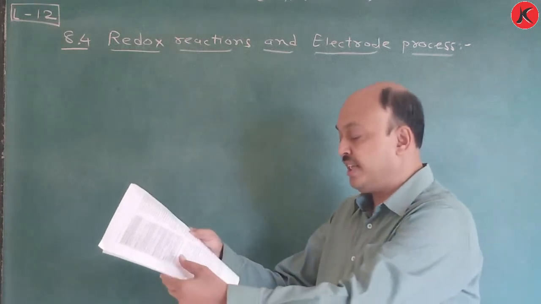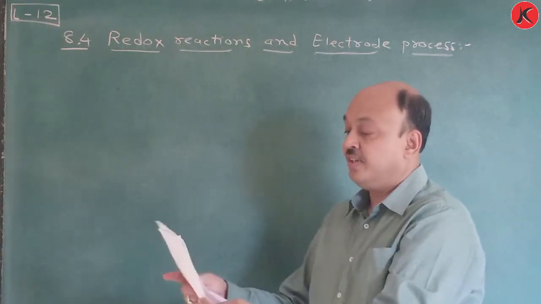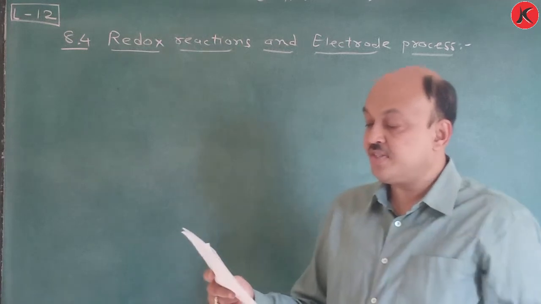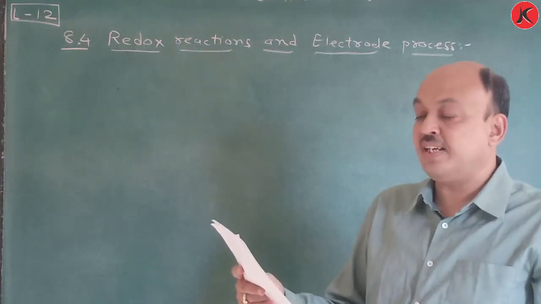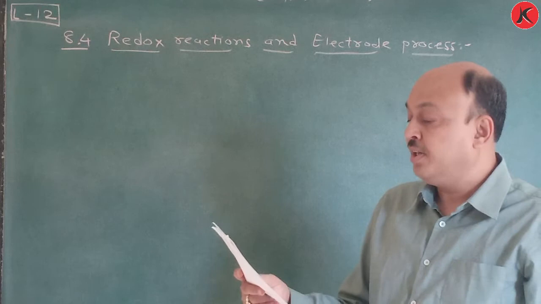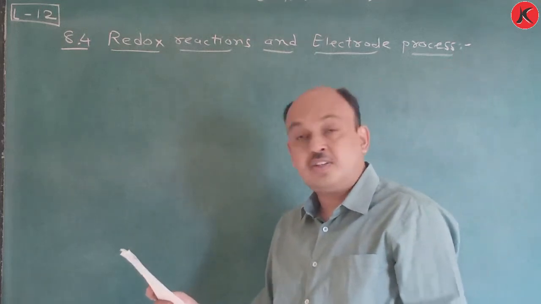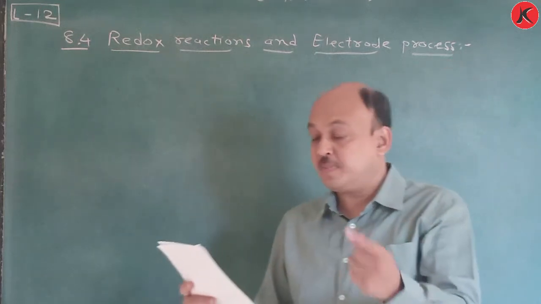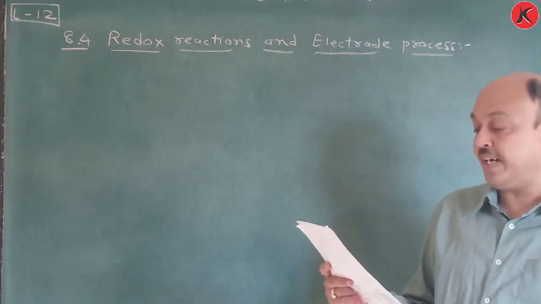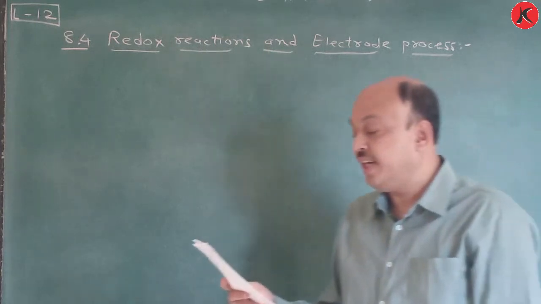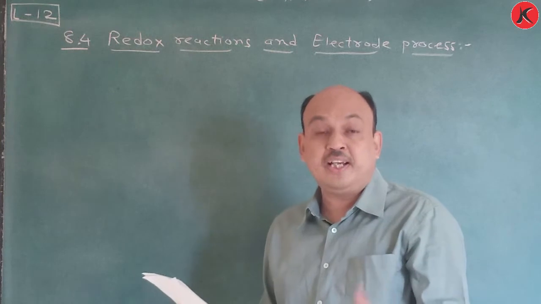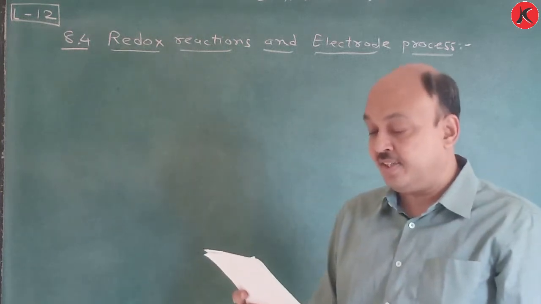The redox reaction takes place, and during the reaction, zinc is oxidized to zinc ions and copper ions are reduced to metallic copper due to direct transfer of electrons from zinc to copper ions. During this reaction, heat is also evolved. Remember, heat is evolved, that means an exothermic reaction has occurred.